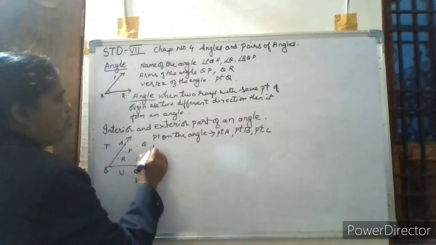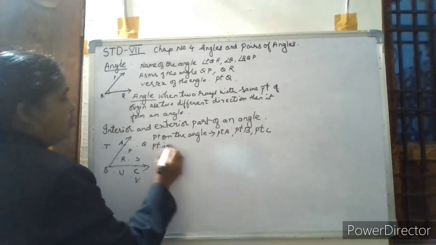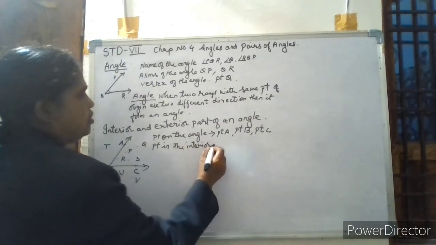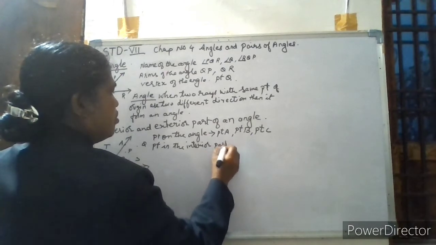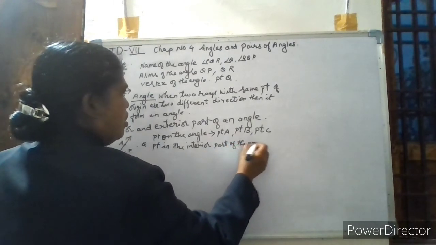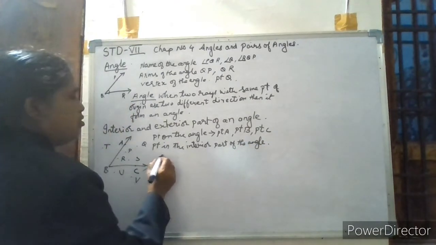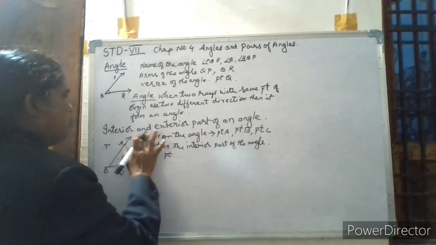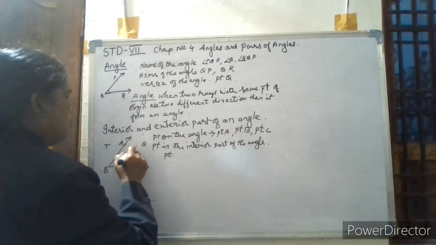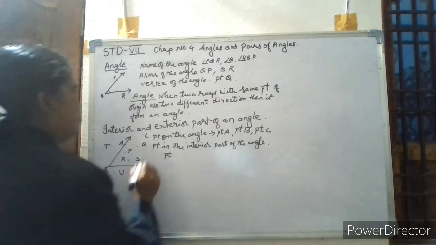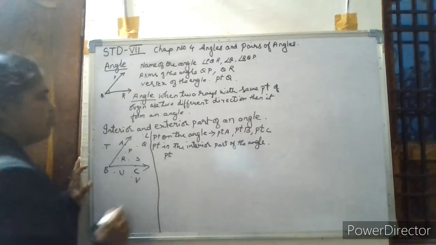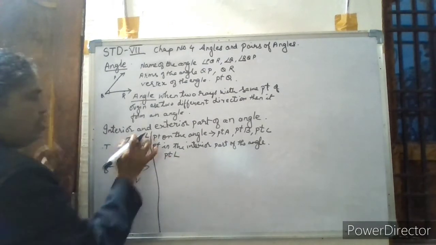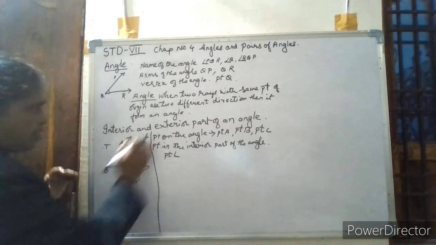Now, points in the interior part of the angle, that is point L. It is here out of the angle, but the direction is inside.